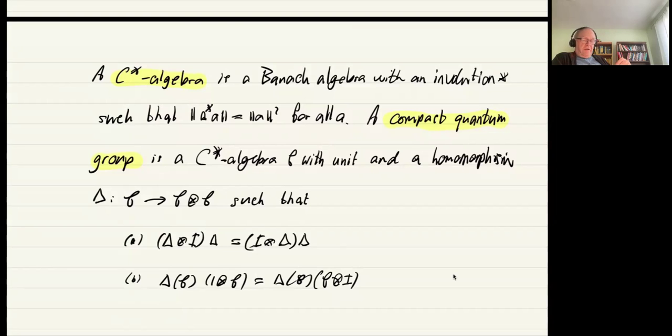Now, the jargon is a compact quantum group is a C-star algebra with a unit. The operator theorists don't normally require the algebras to have an identity, but in this case you do. And you've got a homomorphism, and you won't like this, that maps the C-star algebra to its tensor square and satisfies these two unlikely conditions, which you may be better off not trying to decode right now. Now, I should warn you that there's nothing simple about tensor products.